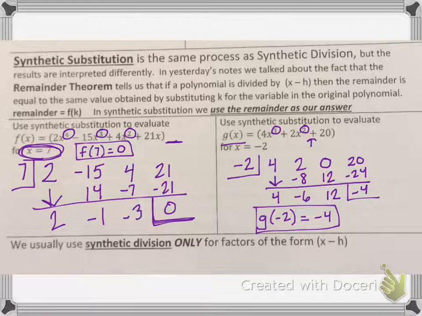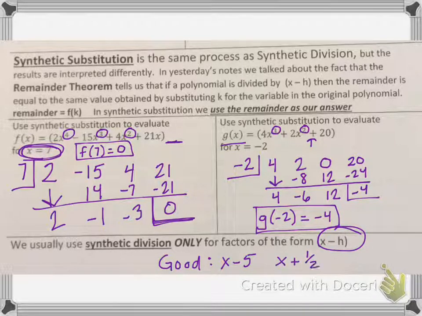Like I said before, we only use synthetic division if you've got the form x minus h. Good ones would be something like x minus 5 or x plus 1/2. We can do a fraction there. We can do a decimal there. We can do pretty much anything there as long as the x is by itself.